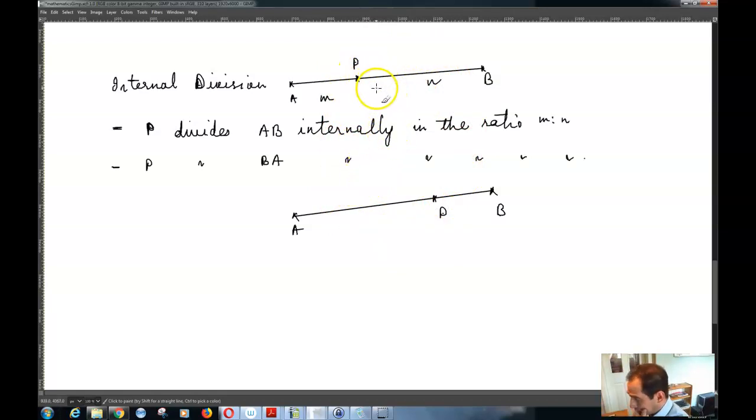And the same thing applies when it comes to external division.